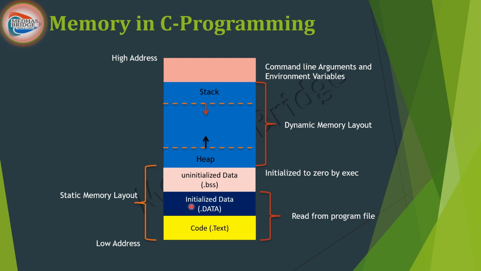All the static variables and global variables which are already initialized during program development are called initialized data, and they go and sit in the .data segment section. The variables not yet initialized, named uninitialized data variables, reside in the .bss section, which is by default initialized to 0 by exec.